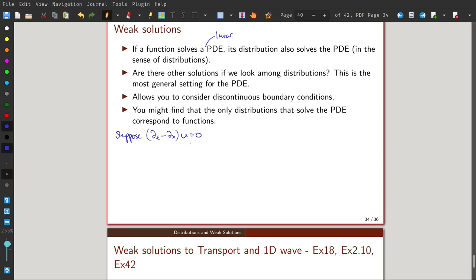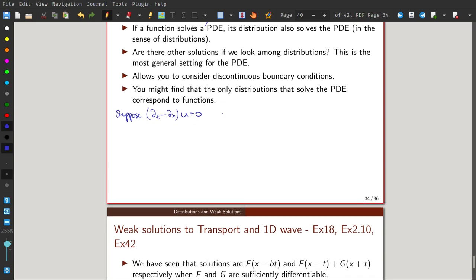So we have a solution to the transport equation. Let's look at the transport operator applied to the distribution corresponding to u. And how you understand any distribution is you see how it acts on a test function.